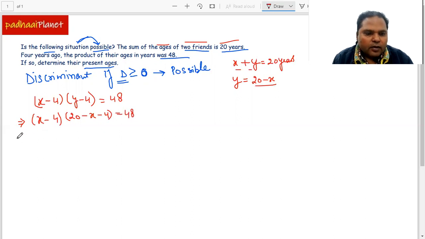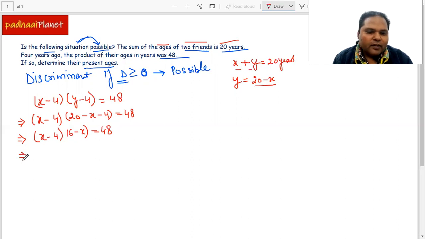Now let's simplify this. This is (x minus 4) times (16 minus x), all of it equal to 48. Now let's expand these two brackets and solve the question.